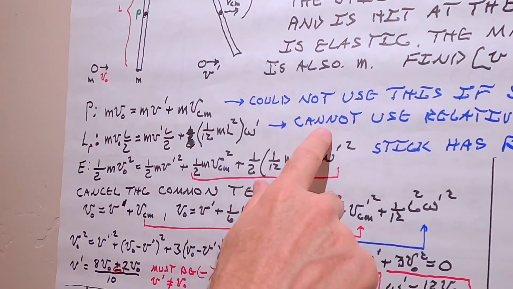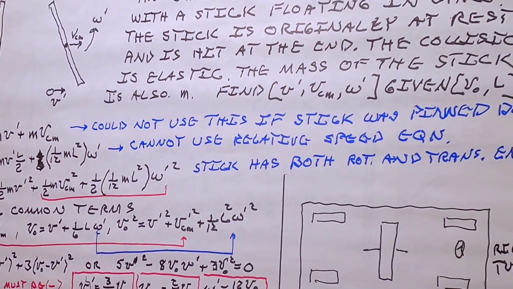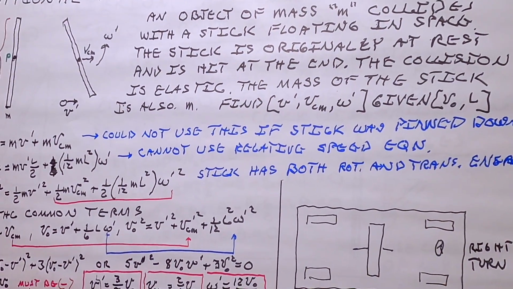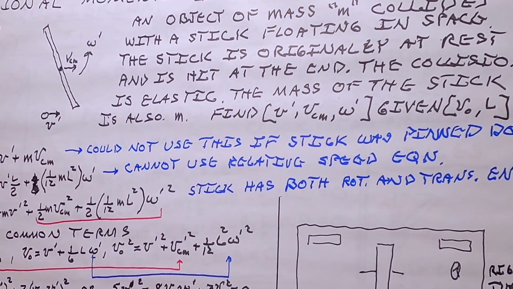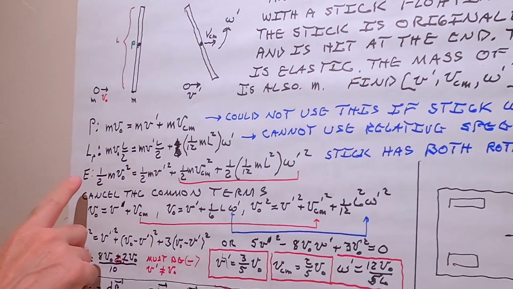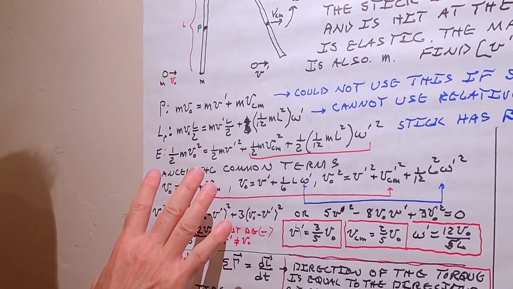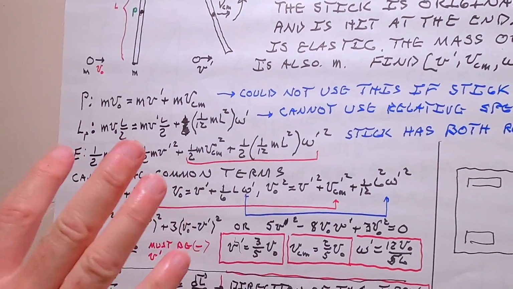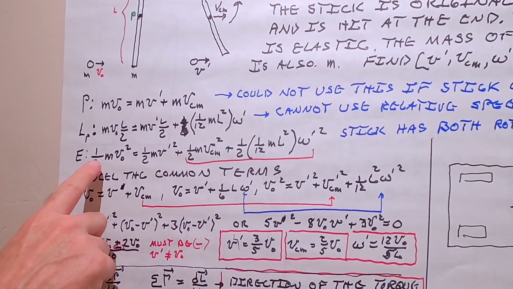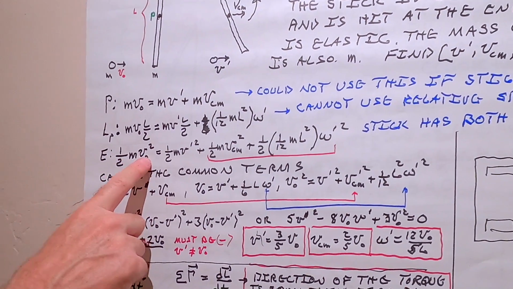We cannot use the relative speed equation. That was only for regular momentum. There is no rule for relative speed here. Okay, since we said it was elastic, we can say the kinetic energy is the same before and afterwards. So here, you just have 1/2 mv naught squared.